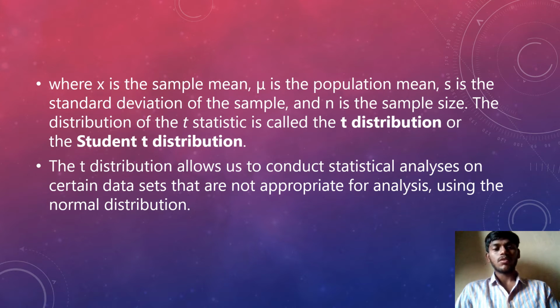The distribution of the t-statistic is called the t-distribution or the Student t-distribution. The t-distribution allows us to conduct statistical analysis on certain data sets that are not appropriate for analysis using the normal distribution.